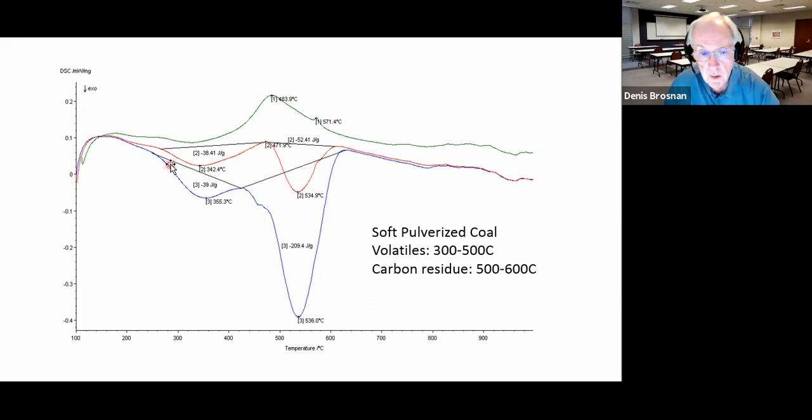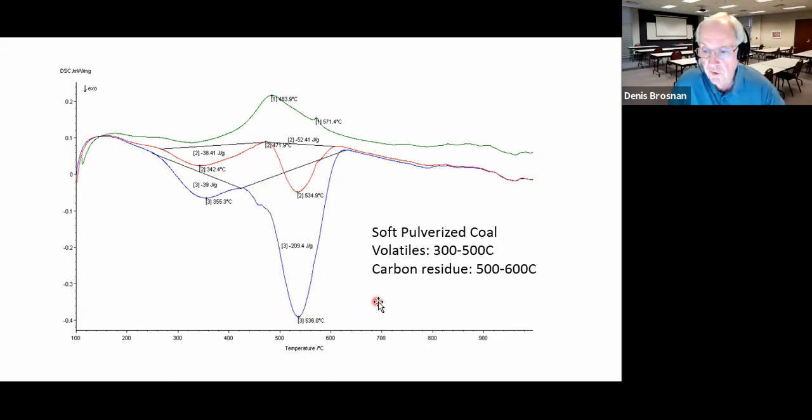And if we go up to a higher percentage of coal, I think this was 3% in this case, the blue line shows you the low temperature volatile ignition as the volatile matter comes out of the coal powder and ignites. Exothermic reaction, reacting with air or oxygen in the air. And then we get the higher temperature exotherm here at 500 to 600.